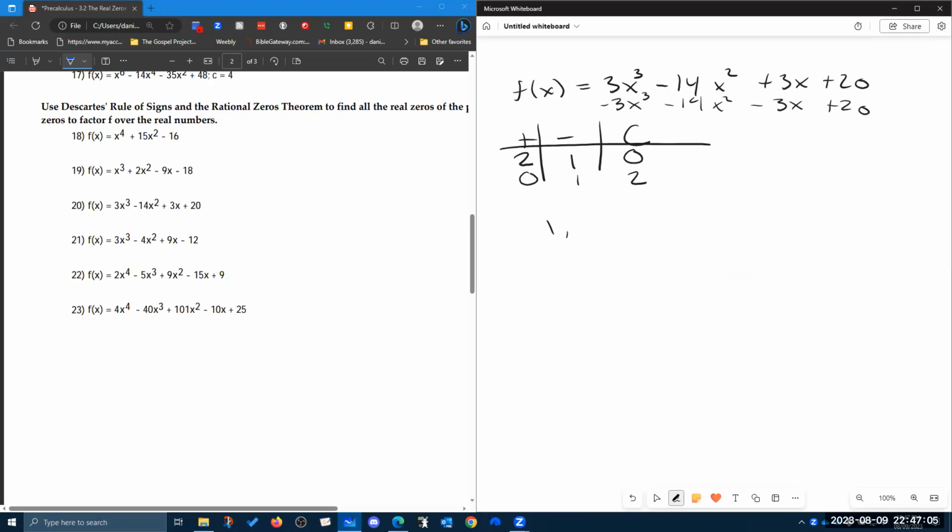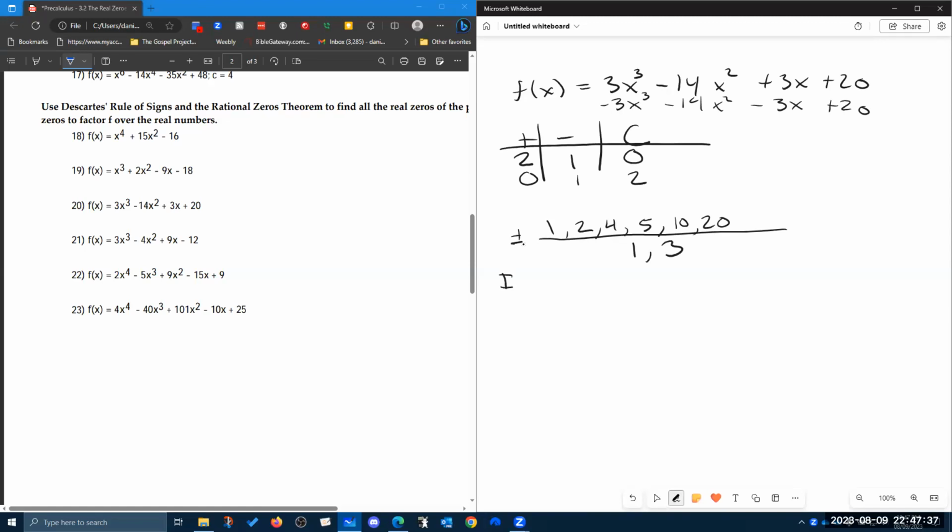Factors of 20 over 1 or 3. Those are the factors of 3 there.